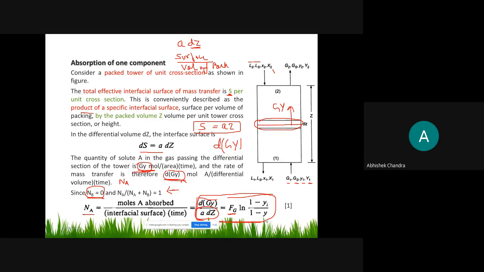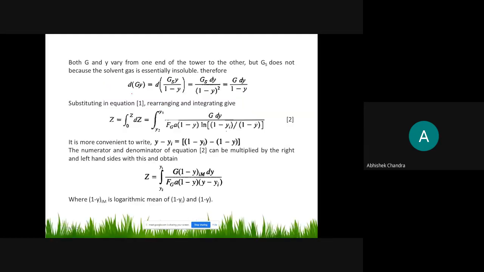Then dGy: you already know G is the gas molar flow rate, and as the gas moves from bottom to top, this flow rate will vary because the composition Y will vary from one end of the tower to the other.